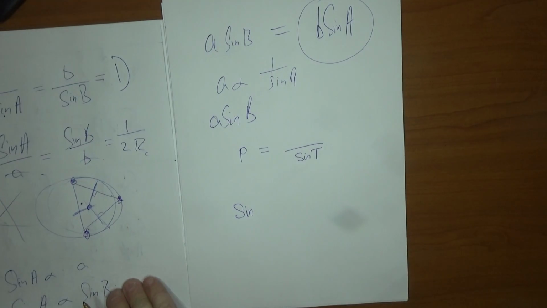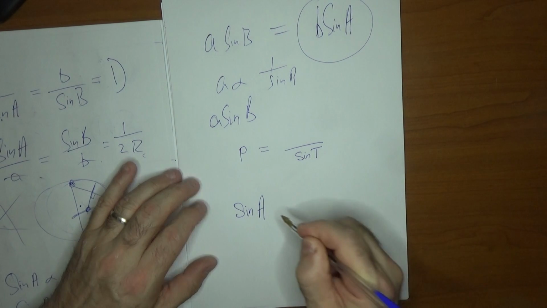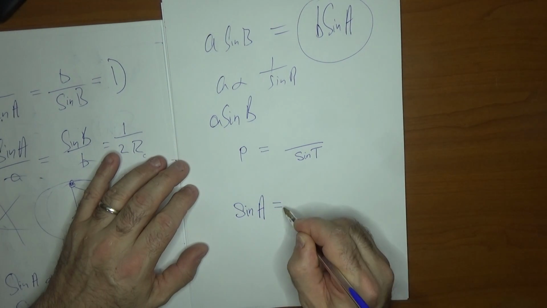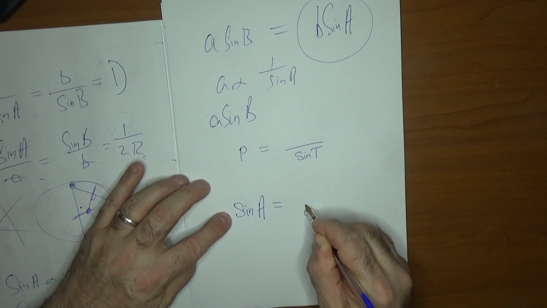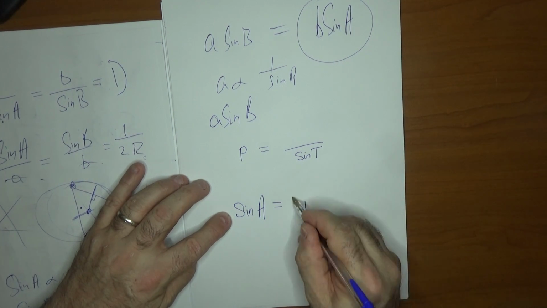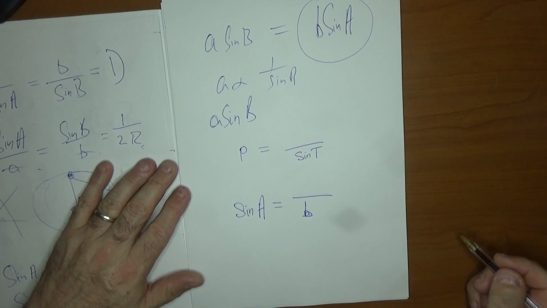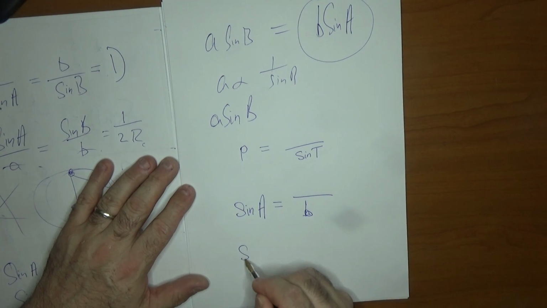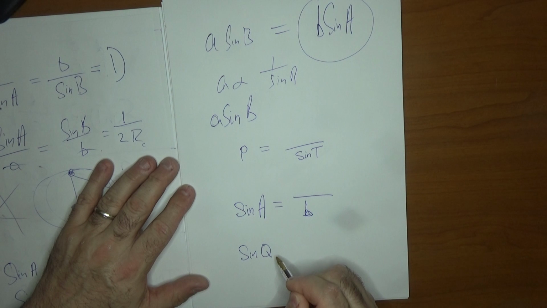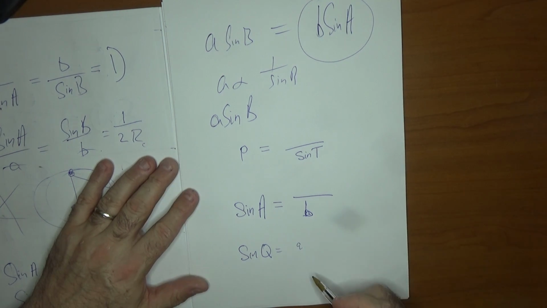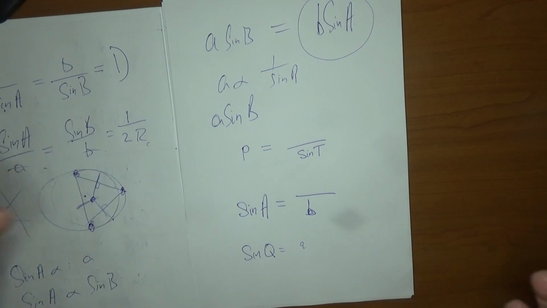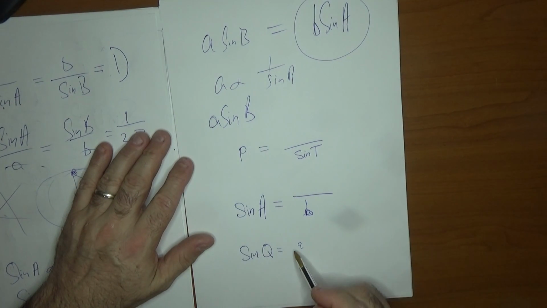If I tell you the sine of A equals B at the bottom, you can fill in the rest. What I can never do is say the sine of Q, but I can give you a top. Yeah, I can give you a top, but I can't give you a Q, because then I haven't told you what the other letter is, obviously. You would have to make up a letter in that case.